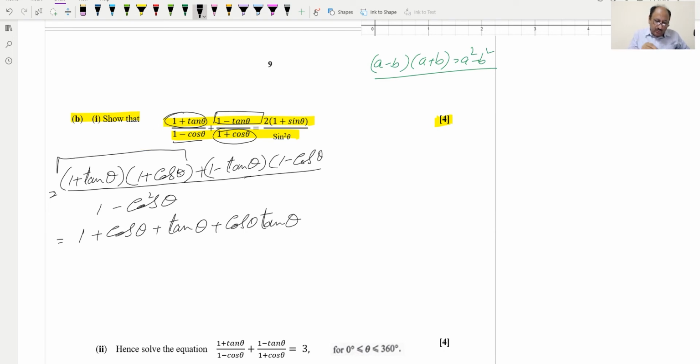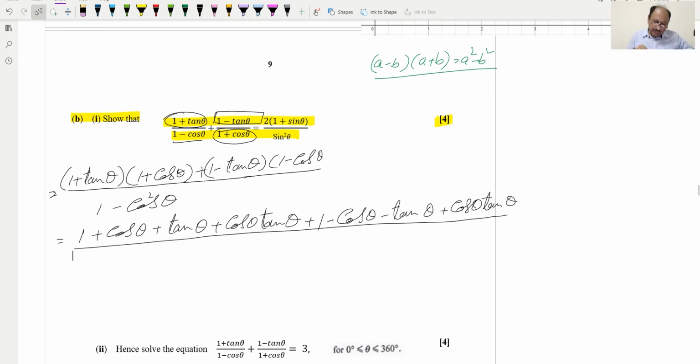Now the next two terms when we multiply we will get plus 1 minus cos theta minus tan theta, and plus cos theta tan theta, and the denominator will be 1 minus cos square theta.